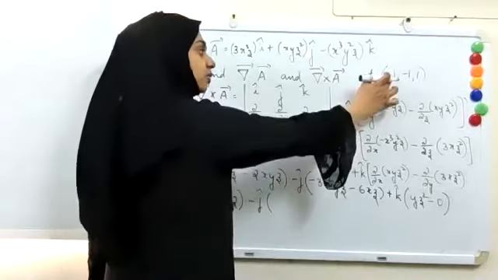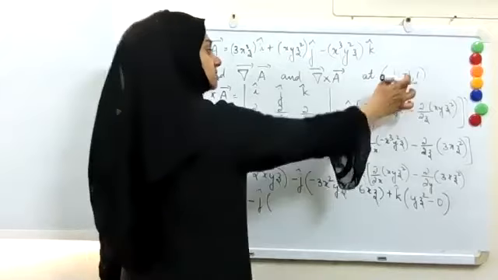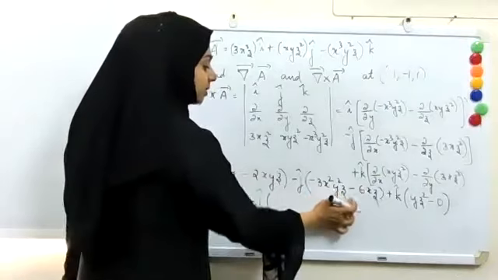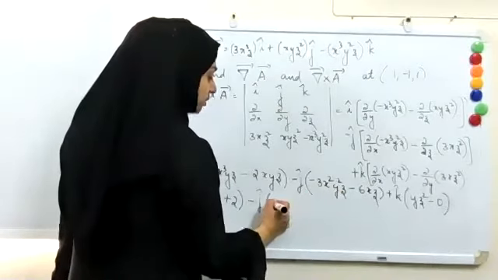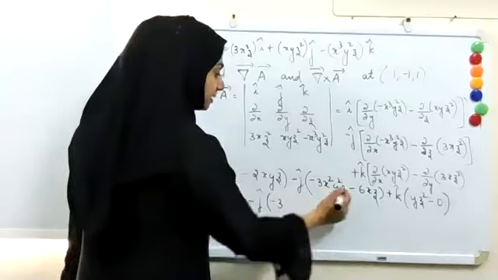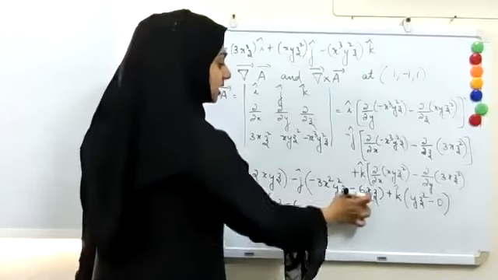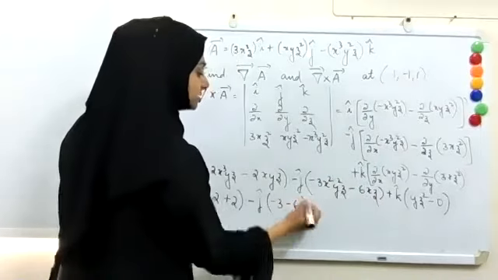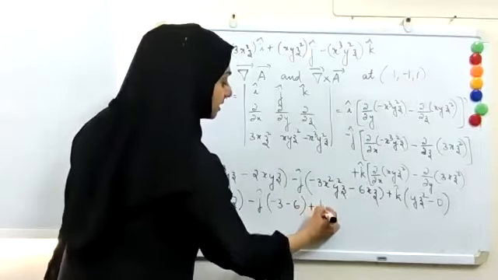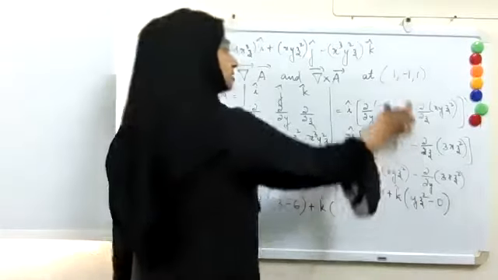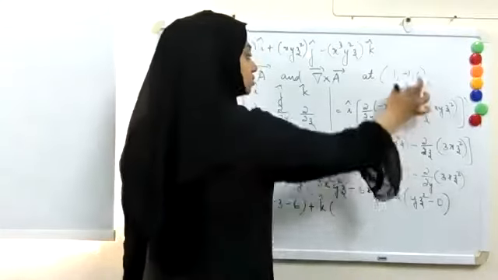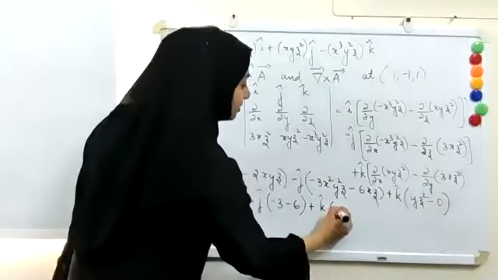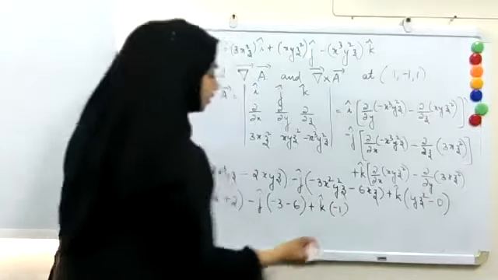X square means 1 square, y square means minus 1 square, which is 1 into 1, so just minus 3. Then I have minus 6, since x is 1 and z is 1. Plus k, y is minus 1, z is 1, so minus 1 into 1 square, so it will be minus 1 and minus 0, no need.